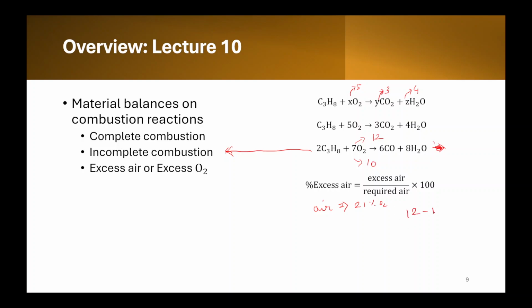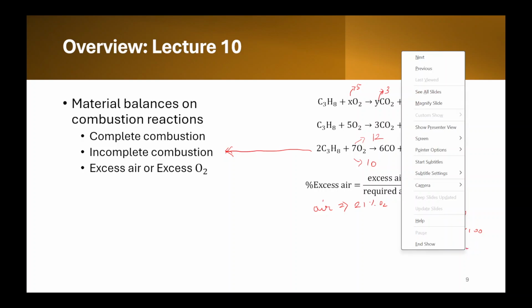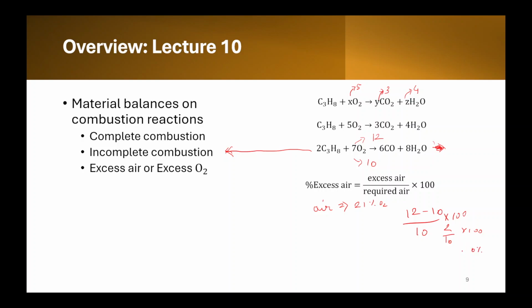So excess will be (12 minus 10) upon 10, into 100. So 2 by 10 into 100, that will be 20% excess.